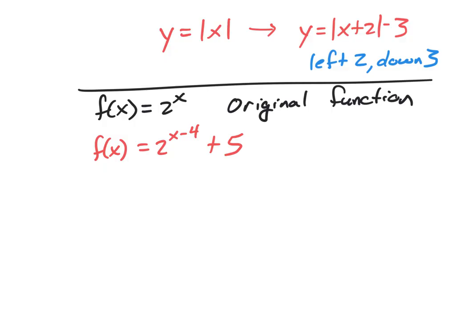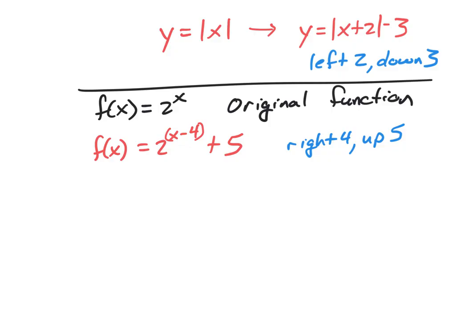And so some changes have taken place. Whatever is attached to the x is always going to move opposite of what we think. And it's always going to move left or right. So in this case here, the x minus 4, and if you're going to put this into the calculator, you might want to put that x minus 4 in parentheses. You can put these things in your calculator, but you've got to be really careful about how you put it in. So this graph is going to move right 4, and it's going to move up 5.